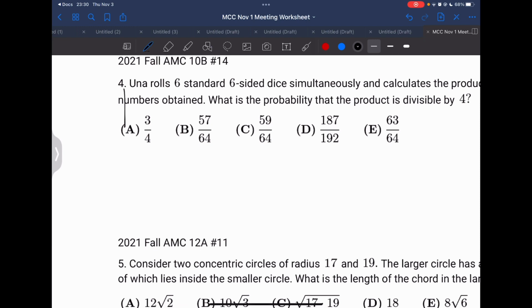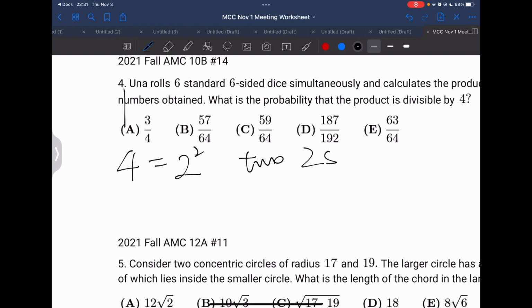A number is divisible by 4 when there is at least a 4 as its factor. So 4 is also 2 to the power of 2, which means there are two 2's in its factors.